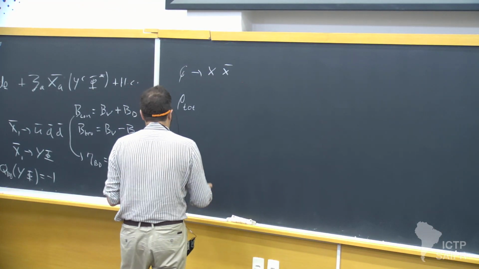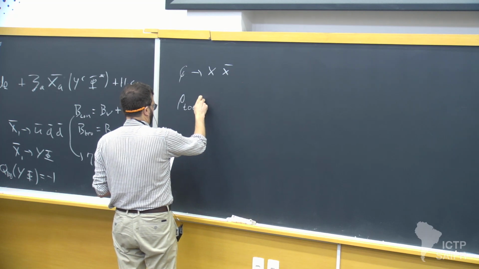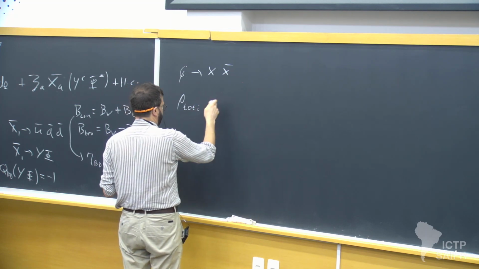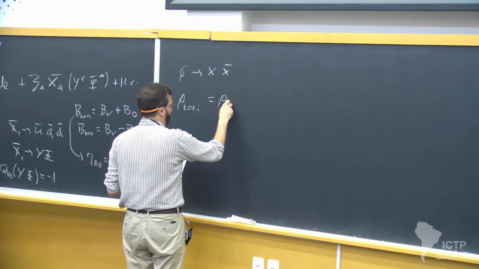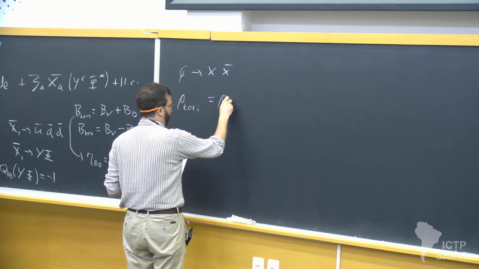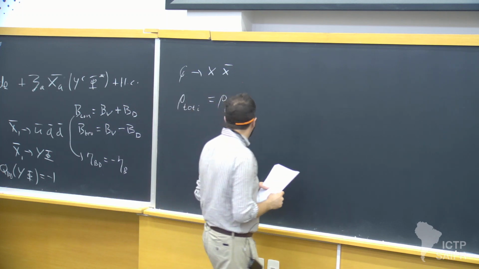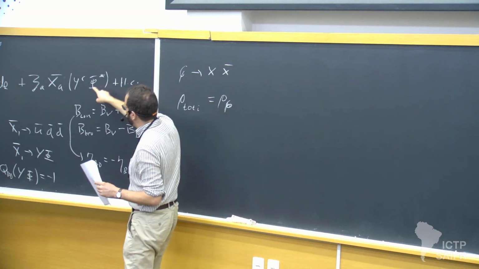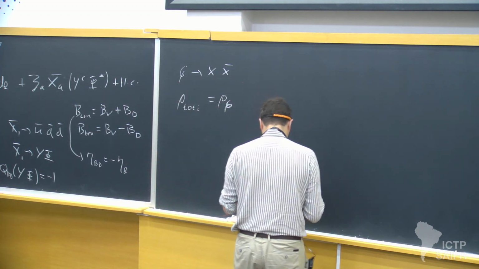Okay, so rho total at the start of our process is just going to be equal to rho phi. And this is little phi, and this is capital Phi. So they're different fields.